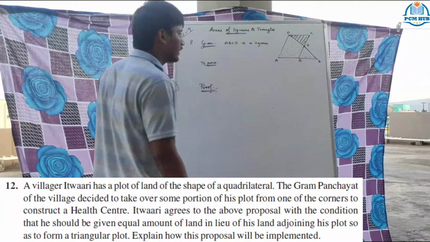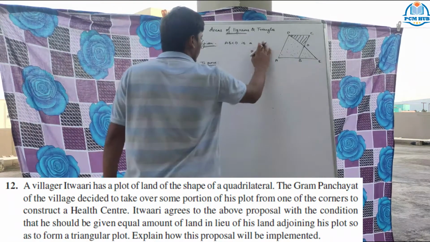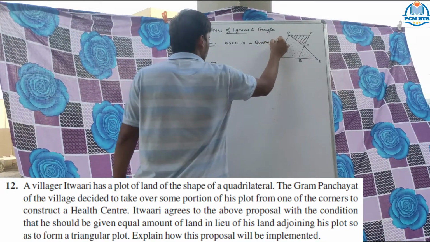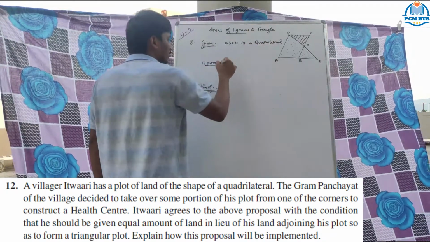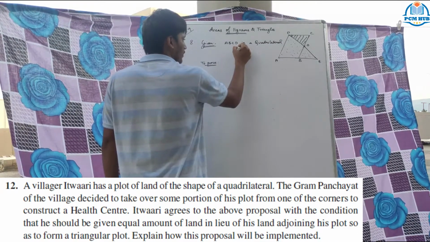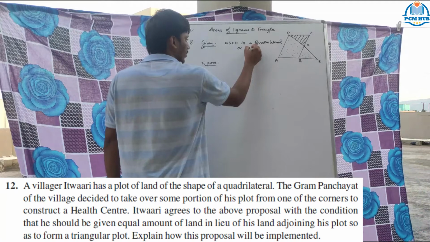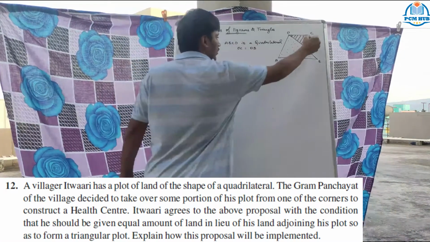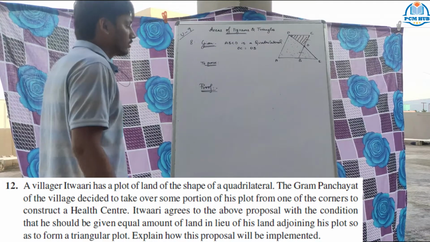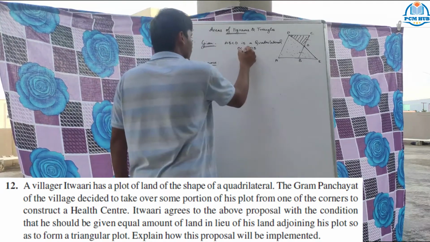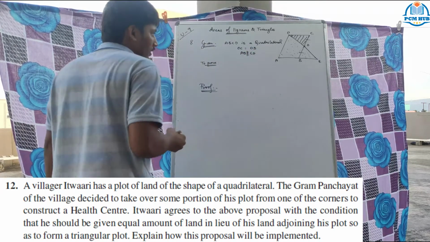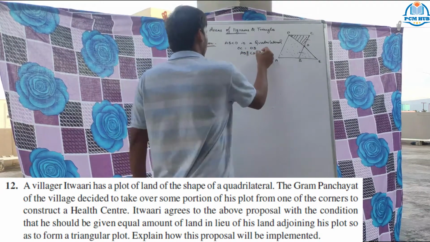So ABCD is a quadrilateral where we have OC equal to OB, and AB parallel to CD and AB equal to CD.